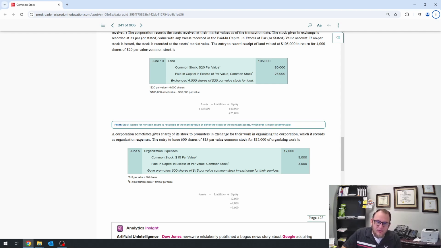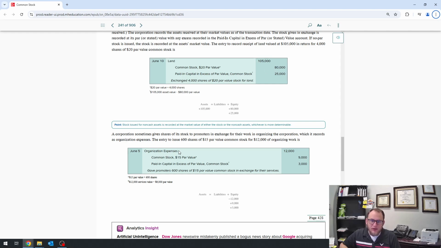So it says the entry to issue 600 shares of $15 par value common stock for $12,000 of organizing work. So they're paying the expense of $12,000 by issuing shares. They're not going to give $12,000 in cash. They're going to say, we owe you $12,000. Let's just give you 600 of our shares because we're a startup company.